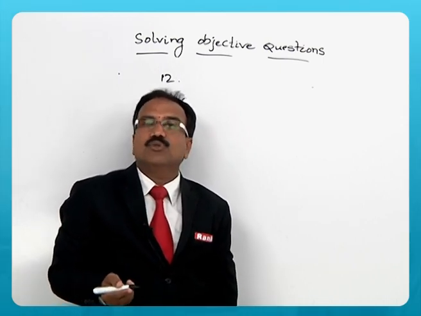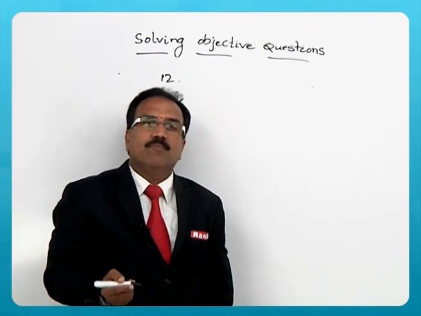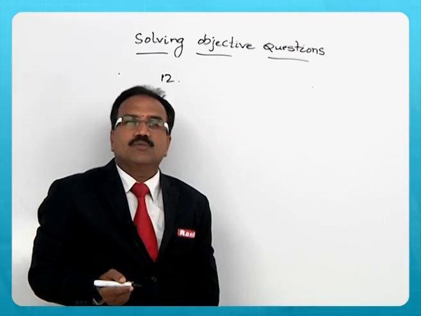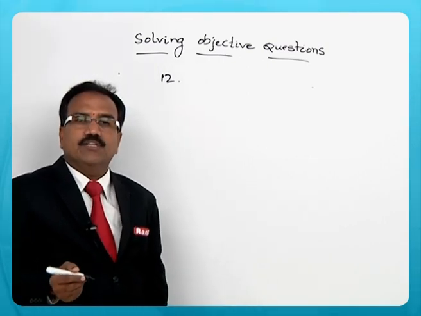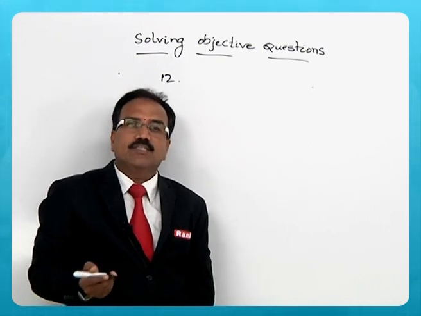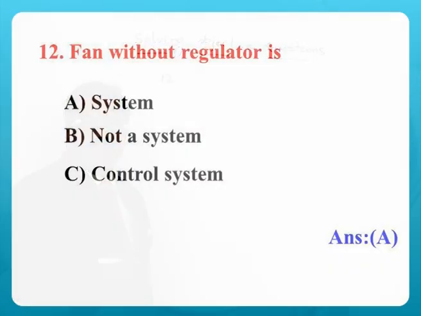Of course, you cannot have regulated speeds, variable speeds, but at one speed the fan can work without regulator. So it is a system. Definitely it is not a control system because there is no parameter that is to be controlled. So fan without regulator is a system. Option A is the right answer.